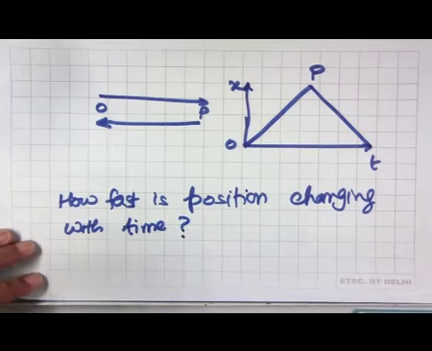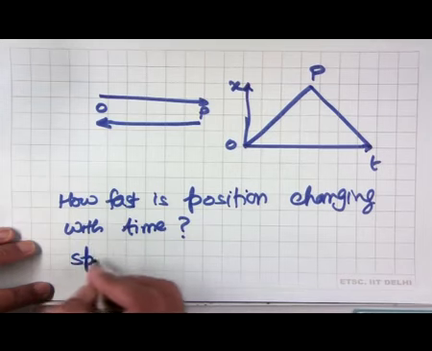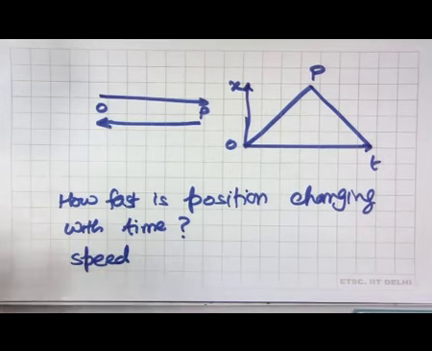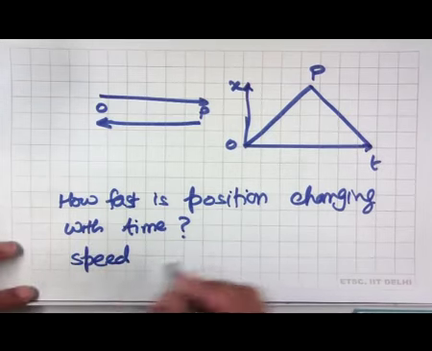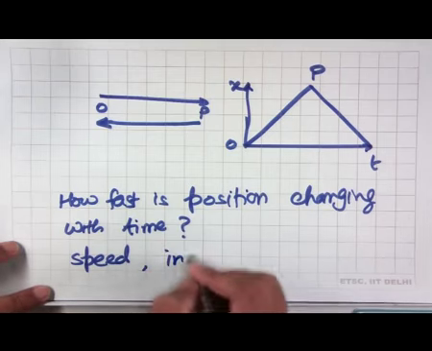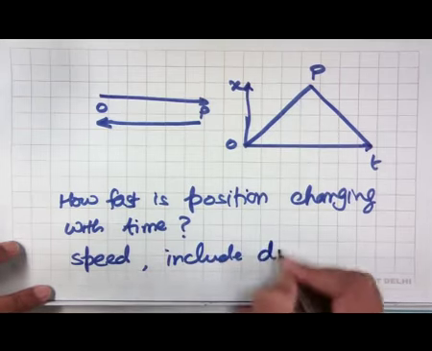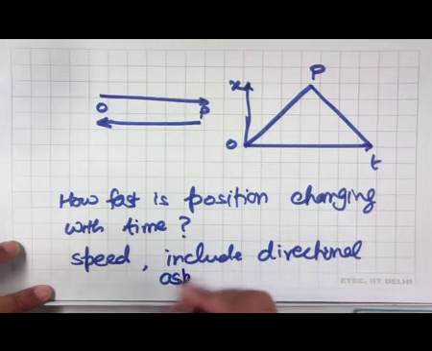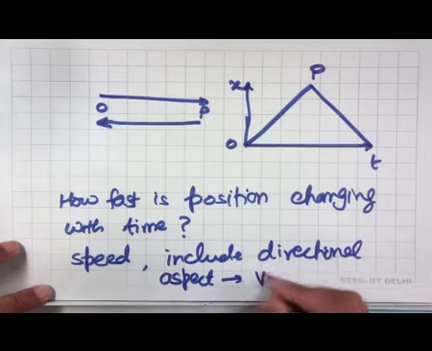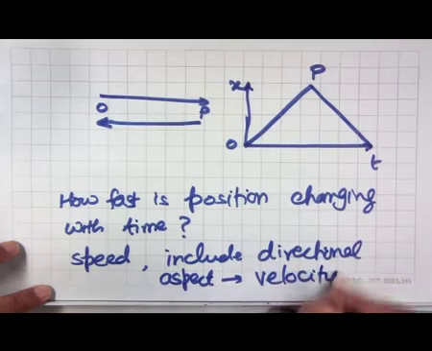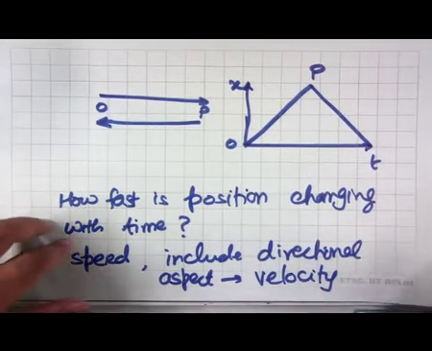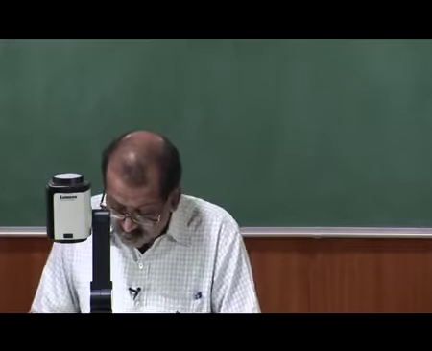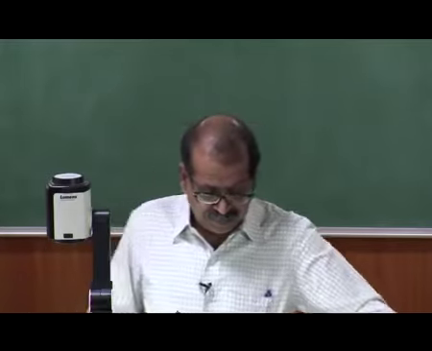And this we describe with terms called speed, and if we include the directional aspect of speed, then we get what we call as the velocity. And we will now look at the precise definition of speed and velocity.